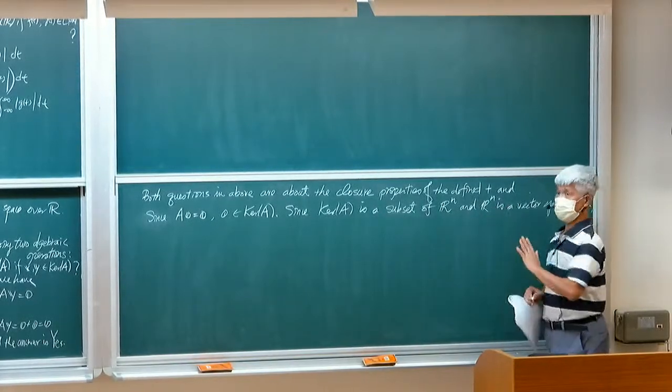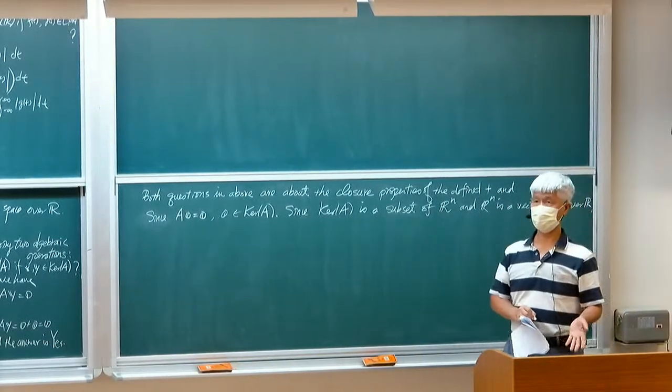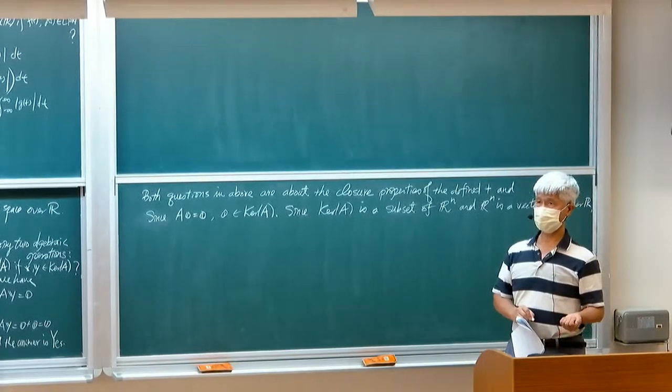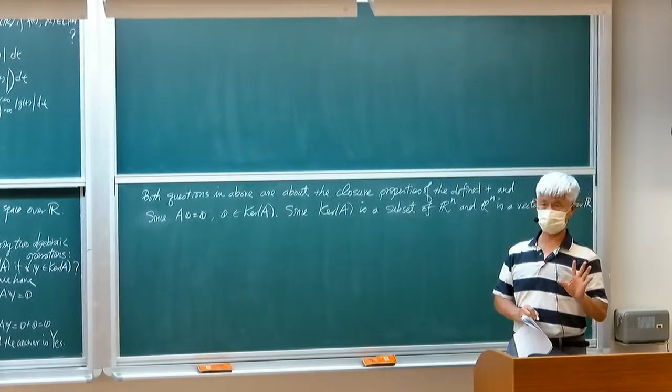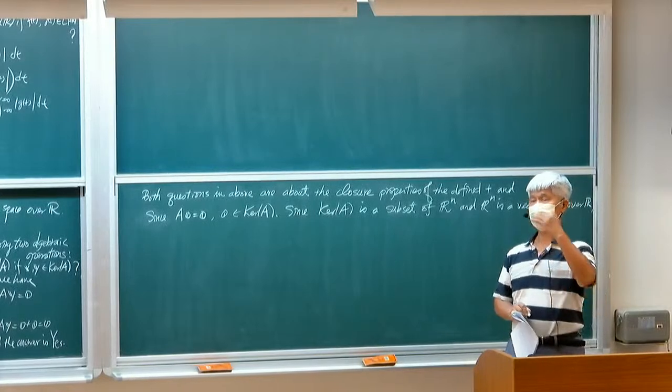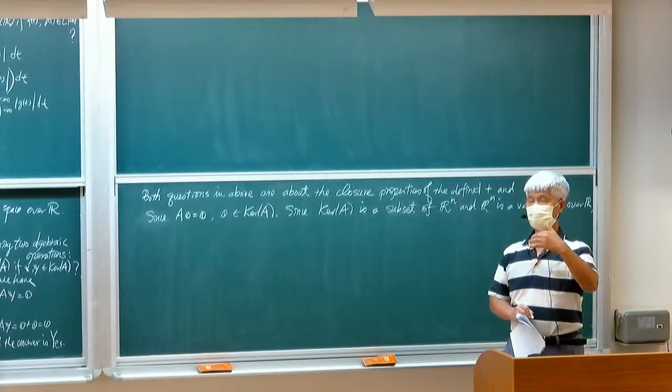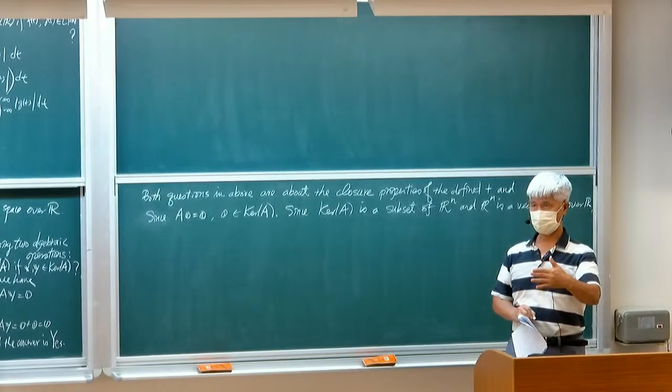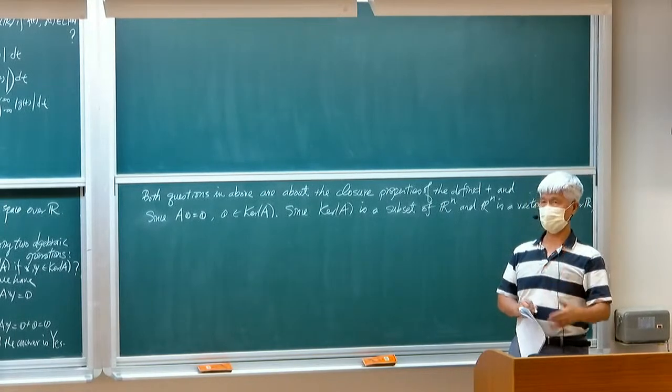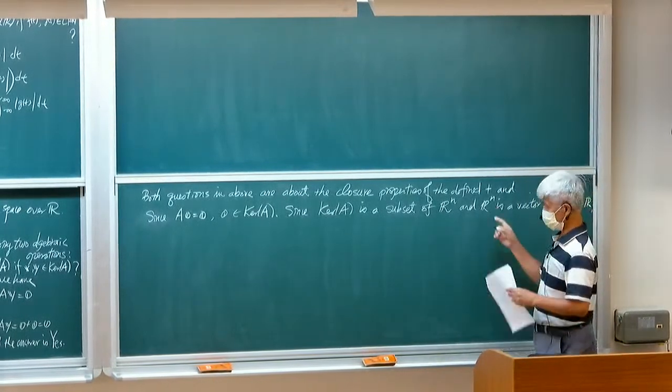And actually, I have asked you to read section 2.1. In section 2.1, it lists that the 7 axioms are satisfied in Rn.